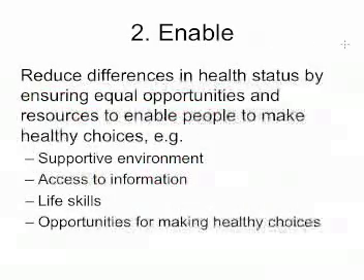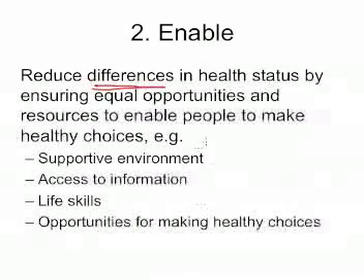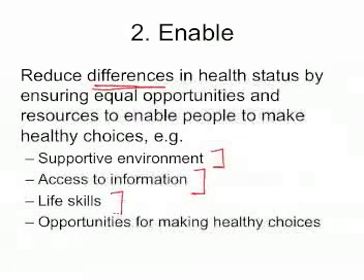So the second aspect here is to reduce these differences which lead to inequity. So, to act on a healthy environment, to give people access to information, to enable them to have the skills and opportunities for making good choices.